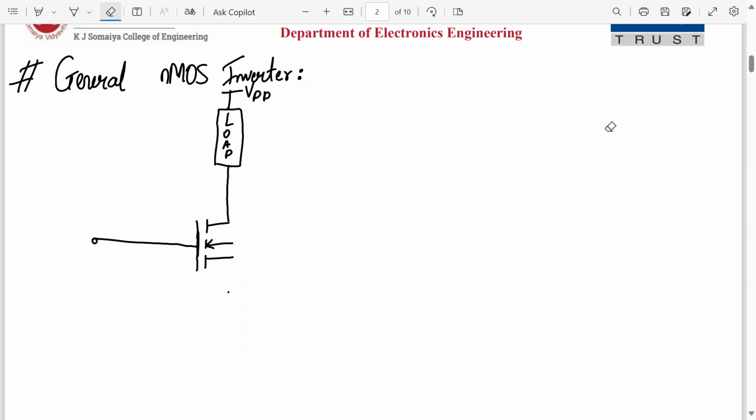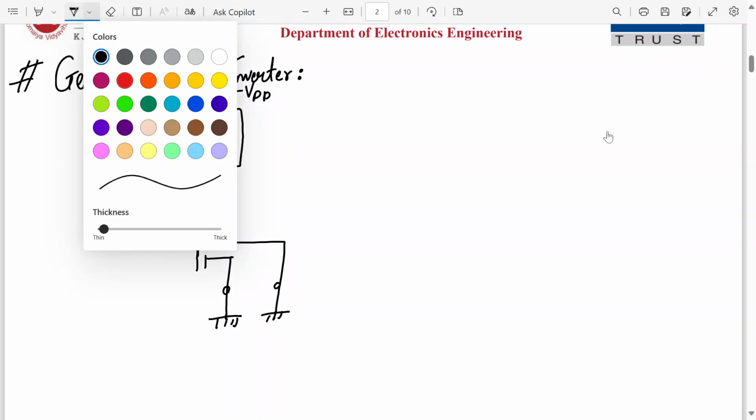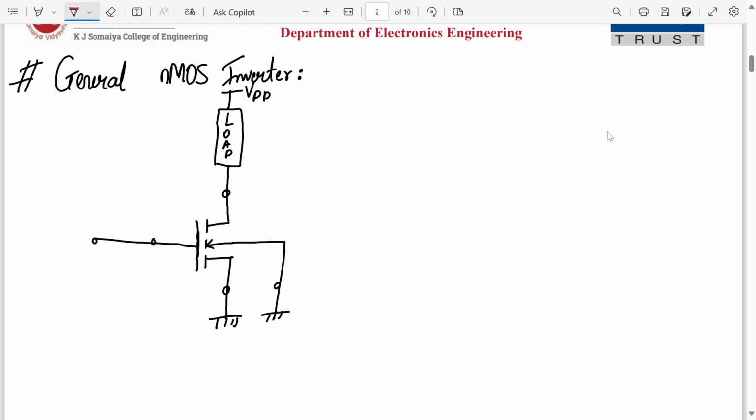Okay, now identify the terminals for me. Tell me, what is this terminal? This is gate, this is drain, this is source, and this is substrate or body. So it's a 4 terminal MOSFET.